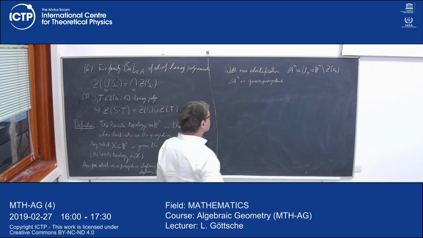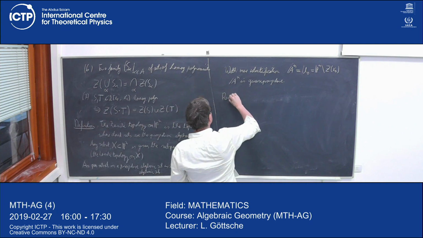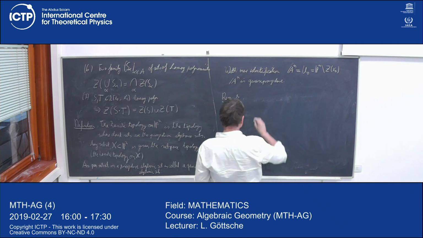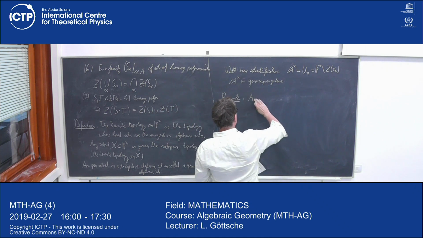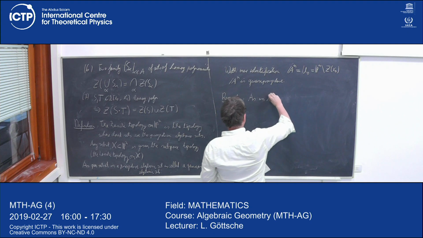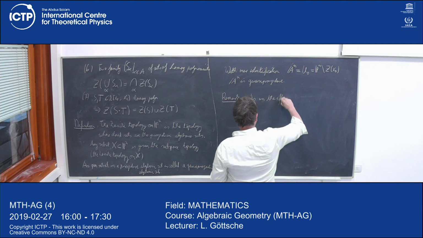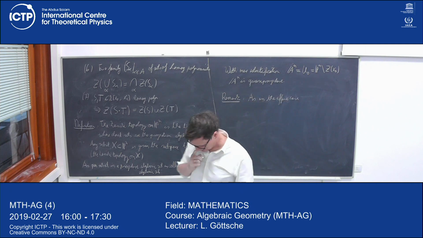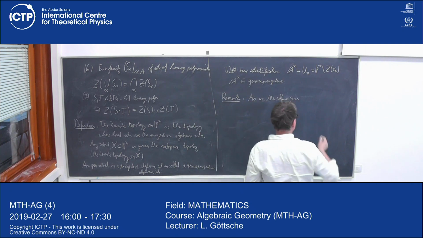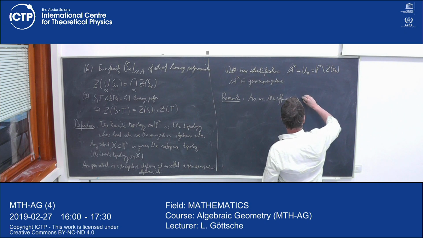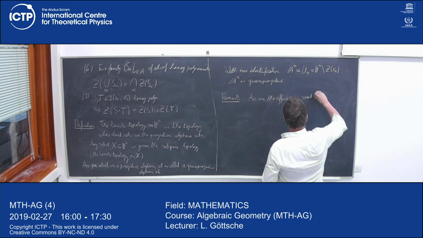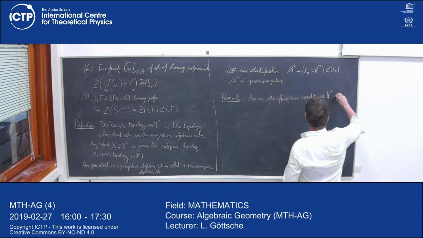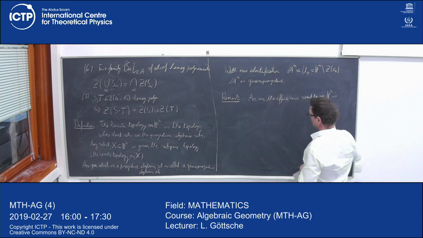And so we have the remark that, as in the affine case, what we now show is that Pn is a Noetherian topological space.